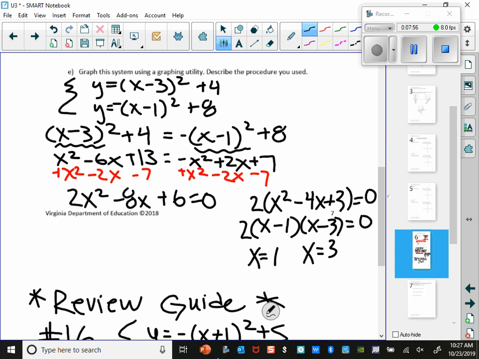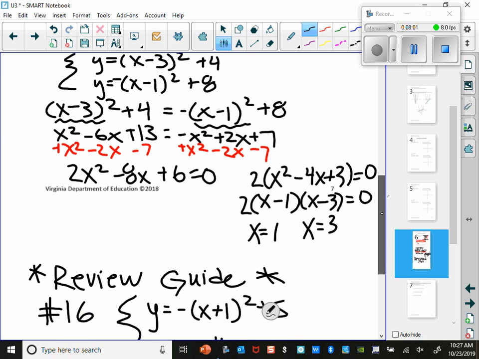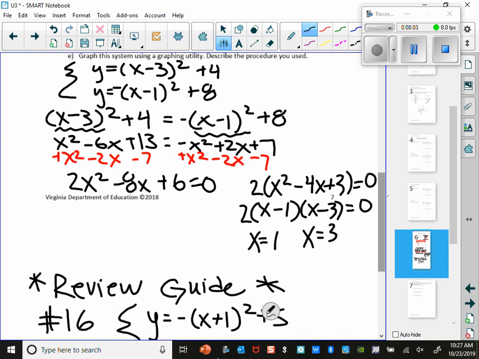No. What do you do with those x values? Good, you plug them in, and then what did you find the y values that go with them to be? For 1, you get a y value of what? 8. For 3, we get a y value of 4. Remember, you're writing them as ordered pairs.